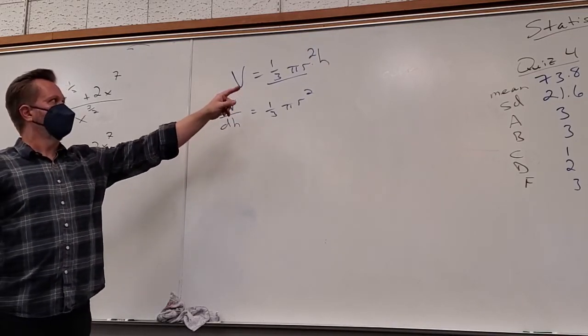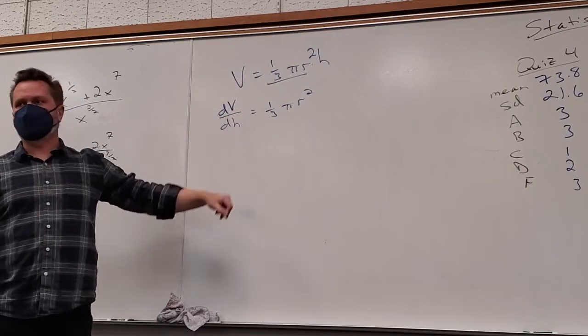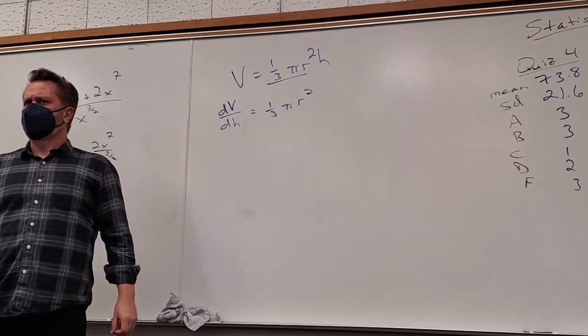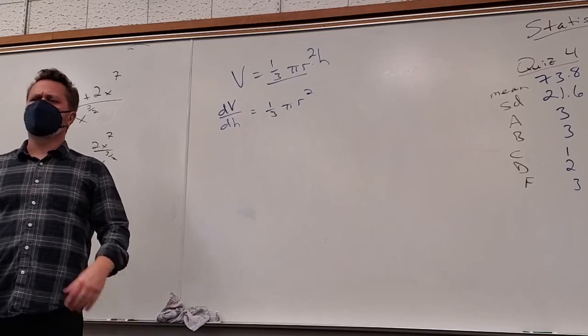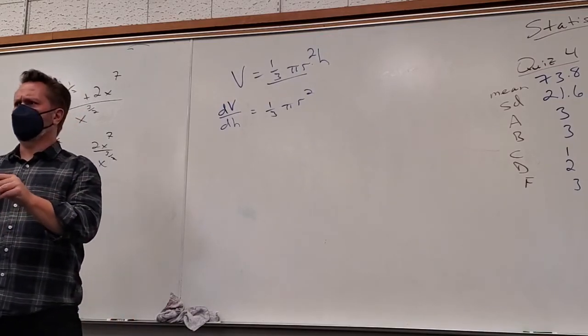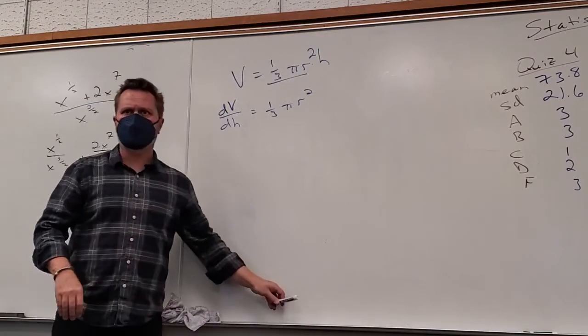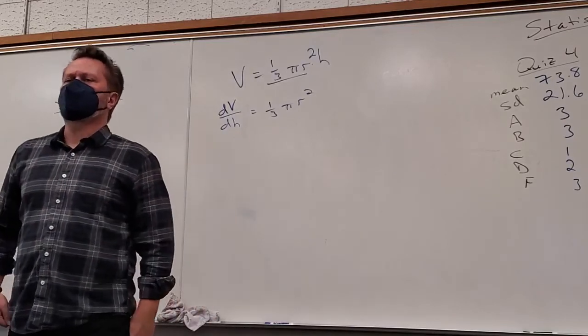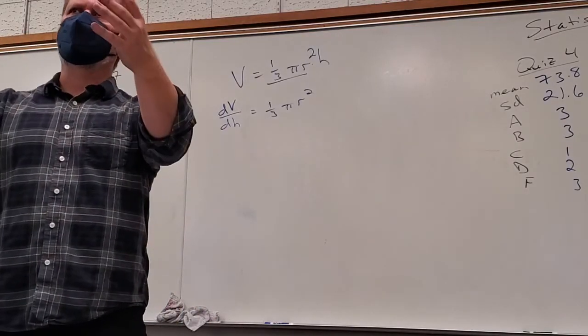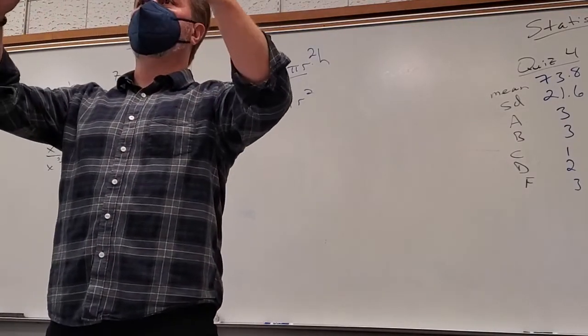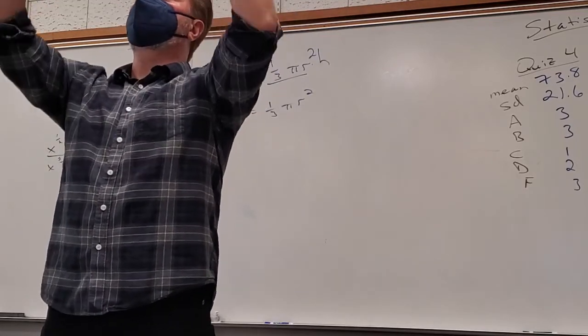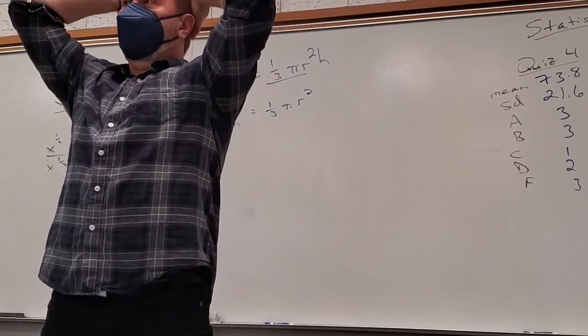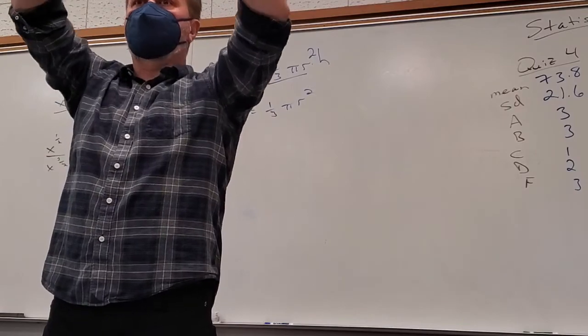So the height is changing, the radius is not. And then, of course, part B is the same, except the height is constant and the radius is changing, and it works the exact same way. So that's just pointing out that in your future problems there could be multiple variables, but some of them are going to be held constant.